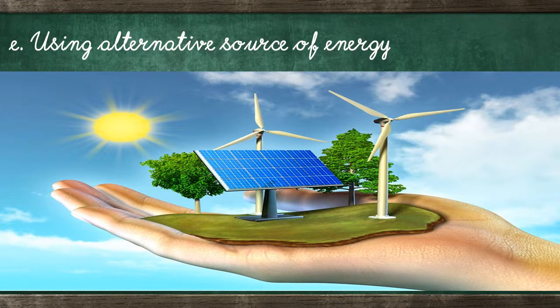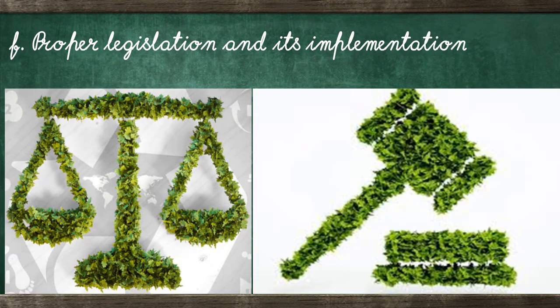In many parts of the world, including India, trees are felled for providing firewood. So, in order to conserve forests, we must use non-conventional or renewable sources of energy like solar energy, tidal energy, hydel energy, etc.